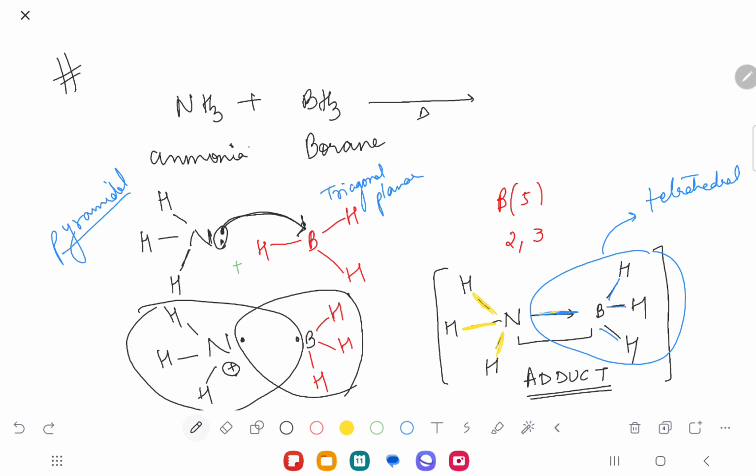Are you understanding? Yes. That's how the structure is. Any doubts in this? No. Right? So this is how we basically draw the structure. Understood or not? Yes.